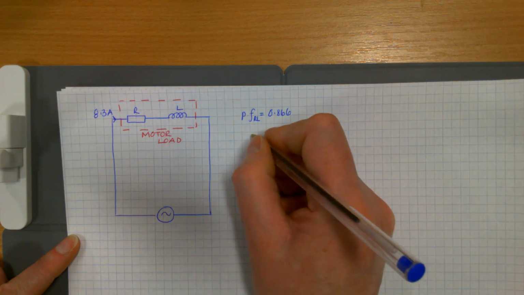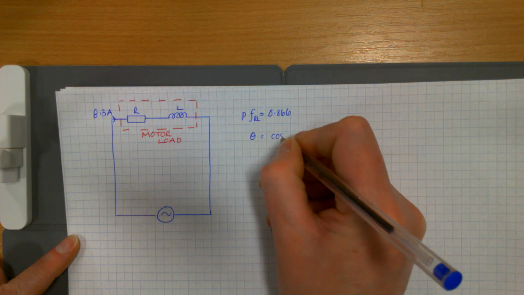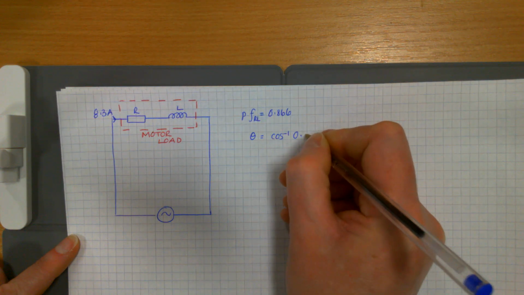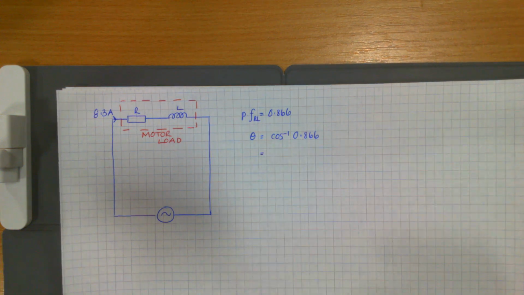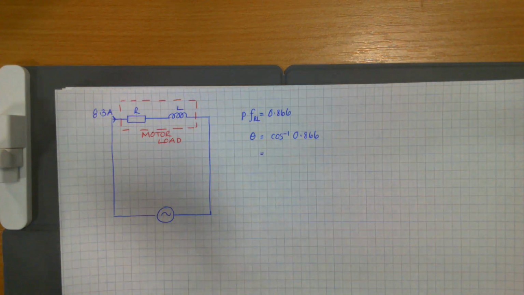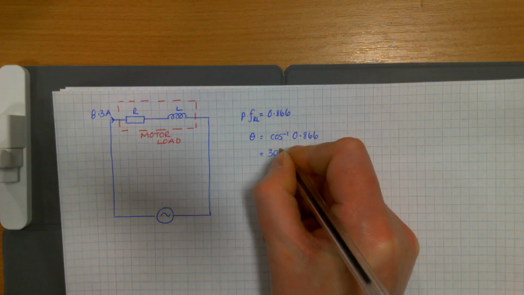From that power factor, you can get the phase angle by doing the inverse cos of that. So if you do that, that gets you an angle of 30 degrees.